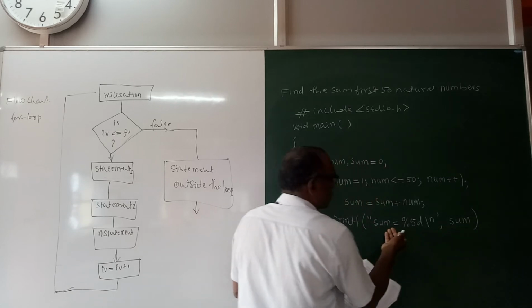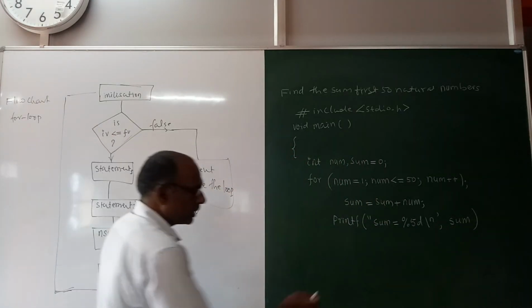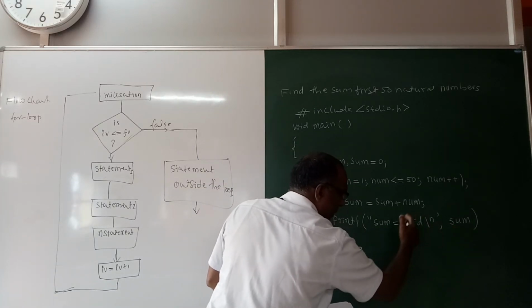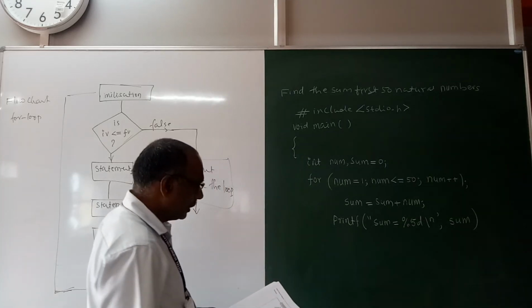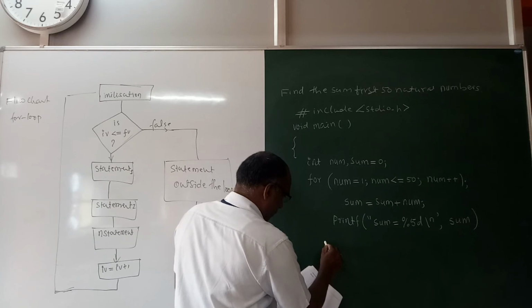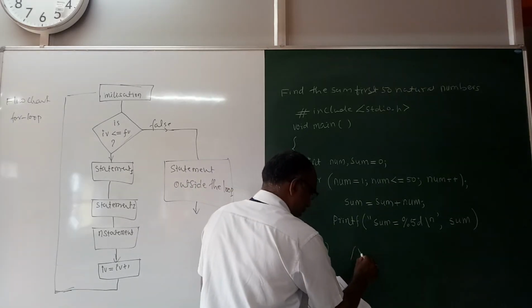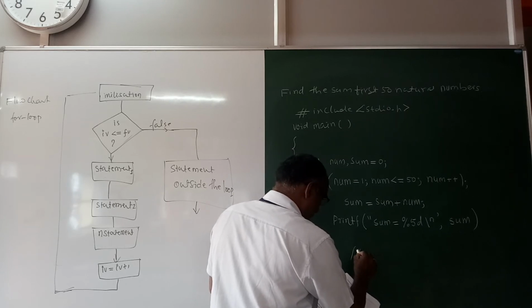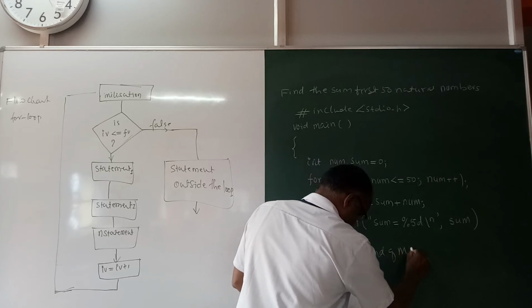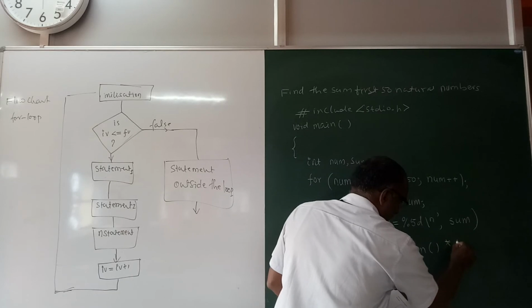This is the variable, and this is the field data type. It will print sum equal to the value stored in sum. We'll end the main program with the end of main comment.